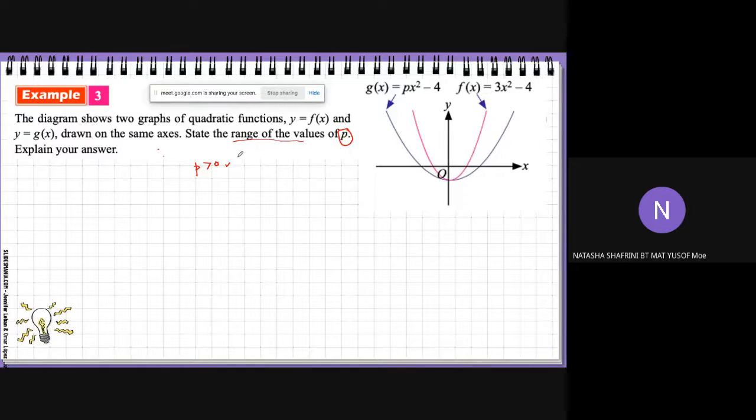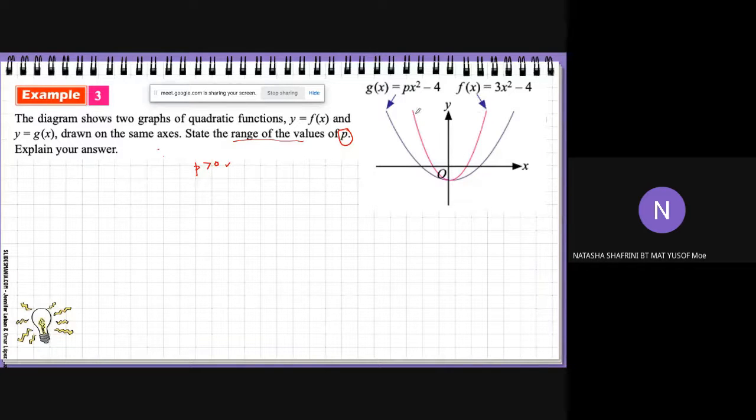Sebab kita kena tengok juga dia punya f(x). The diagram shows two graphs of quadratic function y equal to f(x) and y equal to g(x) drawn on the same axis. State the range of value of p. So kita imagine yang ini adalah bila kita change the value of a. Kan ini a yang berubah kan sebab dia jadi makin kurus.